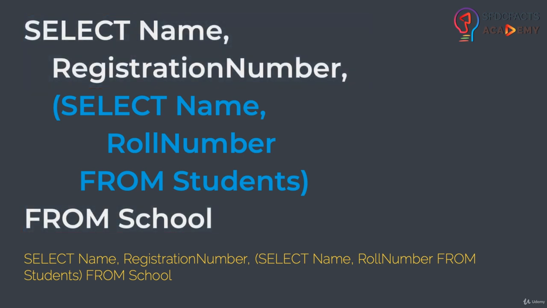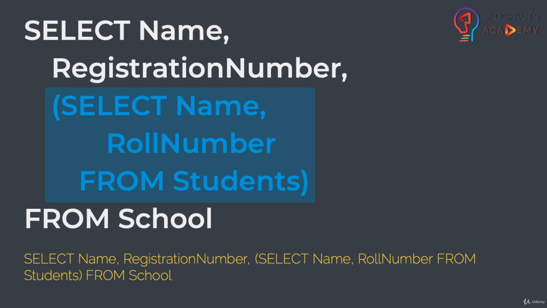But we also want to get all the related child records, or all the related student records as well. In that case, alongside your field names in your parent query, you can also specify a child subquery. Here, if you notice, we are using our relationship name, which is called students. This time we are fetching name and roll number from the student object.